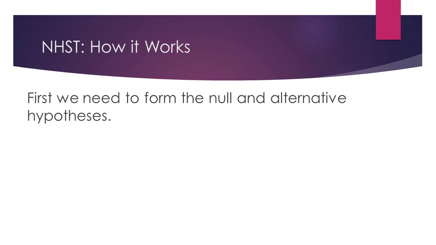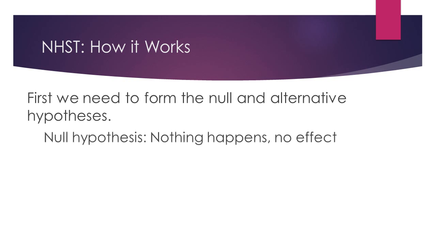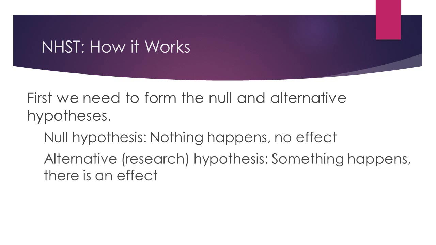So first we need to formulate something called a null hypothesis and an alternative hypothesis to make this hypothesis testing thing work, NHST. Our null hypothesis is the hypothesis that nothing happens, there's no effect of our treatment. And then the alternative hypothesis, also called the research hypothesis, is the hypothesis that something does happen.